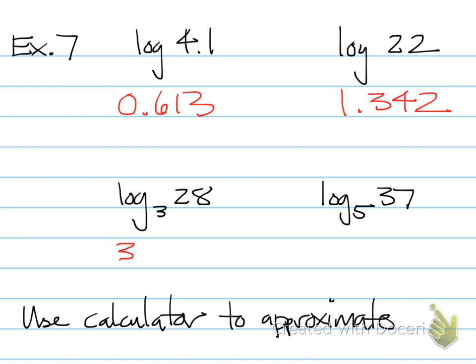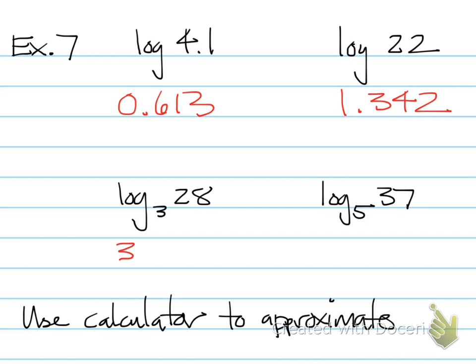And now if you have a different base for your logarithm other than 10, you have to press the math button and then choose the option that gives you the ability to choose the base of the logarithm.